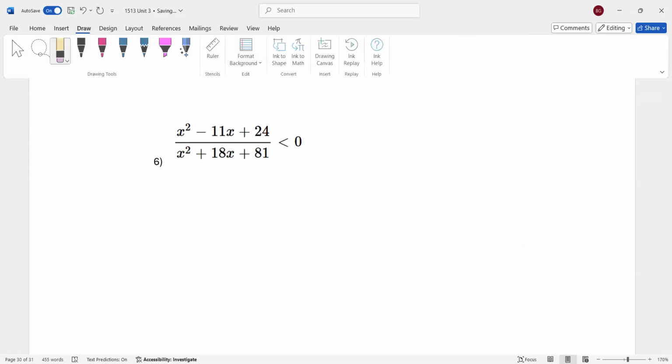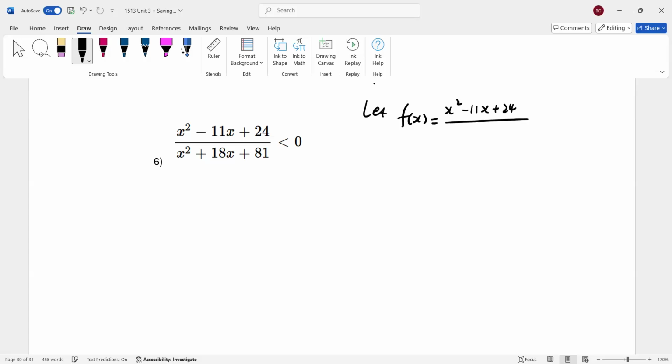This rational inequality is already in the standard form because the right side is 0. We let f of x equals x squared minus 11x plus 24 all over x squared plus 18x plus 81. Can you tell me what are we going to do now?